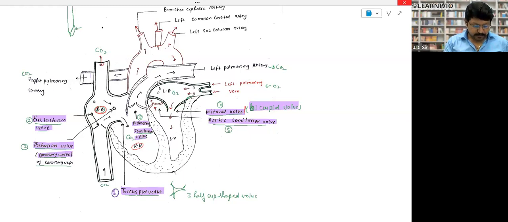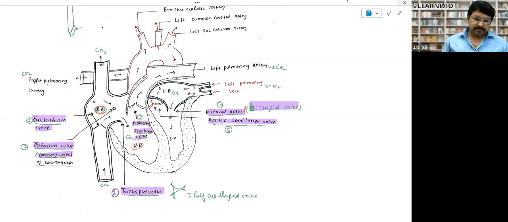Next, now look, coronary vein, right? Coronary vein opens into the right atrium. What is coronary vein? In the last slide, I told you the coronary vein is the vein which brings deoxygenated blood from the heart.